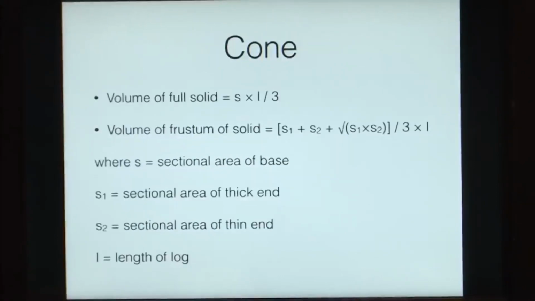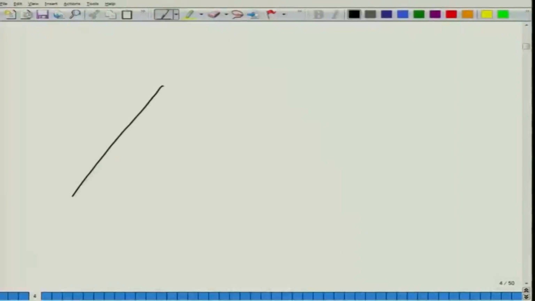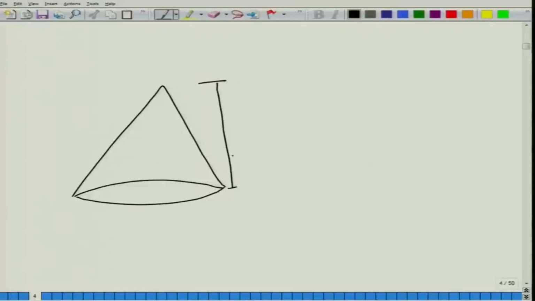Now, let us consider a cone. In the case of a cone, we had earlier defined the volume of the full solid as 1 by 3 pi r square h. Now, pi r square is the sectional area of the base of the cone. So, if we drew a cone with a height h and the bottom with a radius of r, then we define volume is equal to 1 by 3 pi r square h.